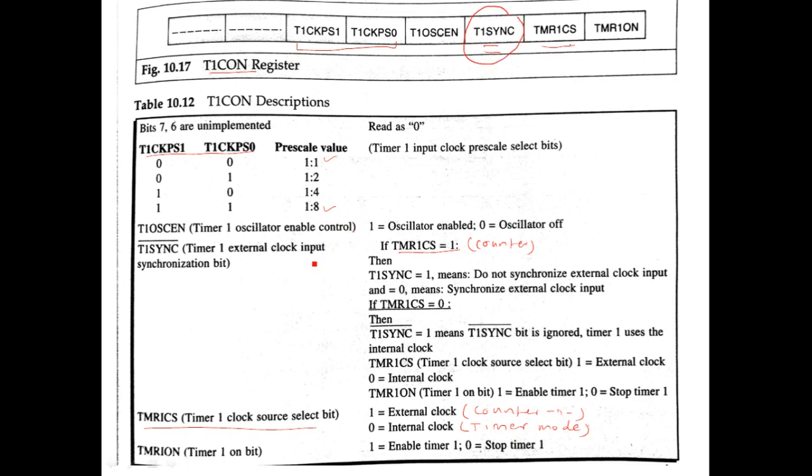See, when this bit is 1, it means do not synchronize the external clock with the input, and if this is 0, it means synchronize.